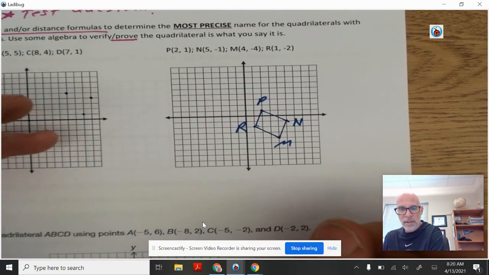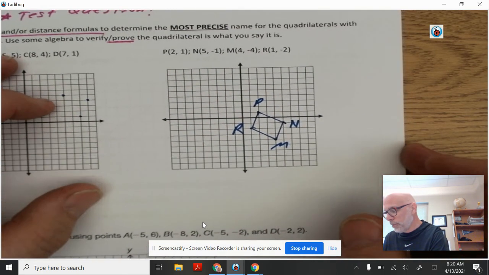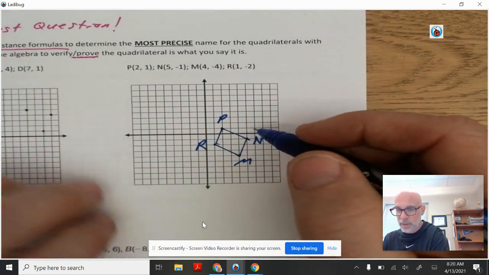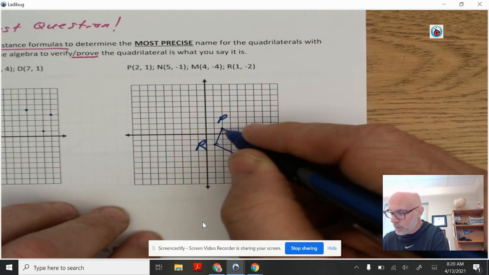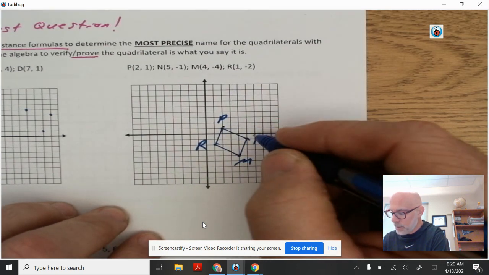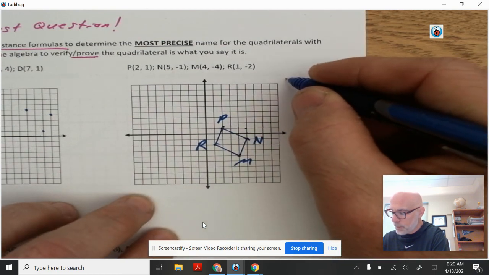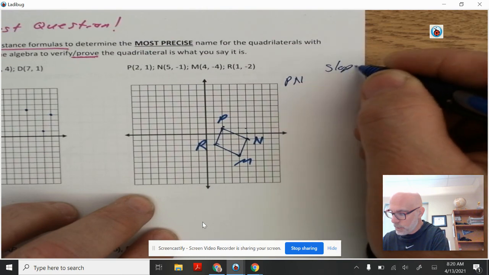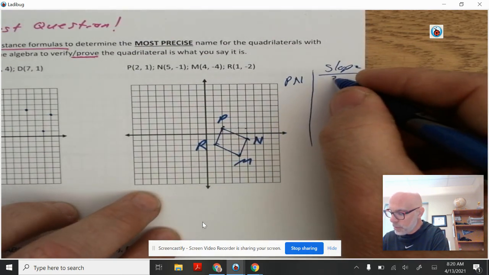Okay. So the first thing, we've practiced some of these in class on the Go Formative. There's 8 things that we want you to list out here, and 4 of them are slopes. That's probably the easy one because I can just count. To get from the lower point to the upper point, from N to P, I'm going to count. I'm going to go up 2 over 3. So I'll make a chart: the slope of PN is up 2 over 3.